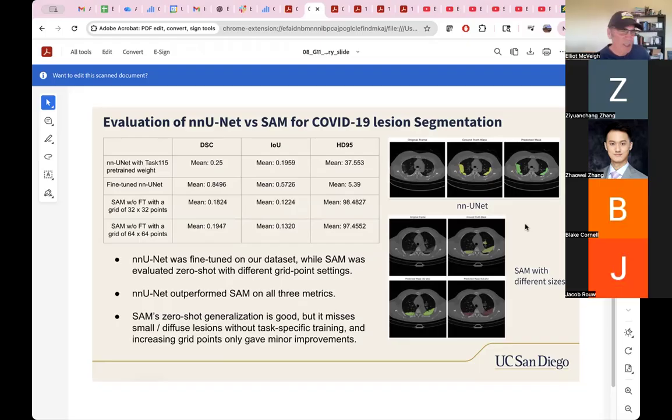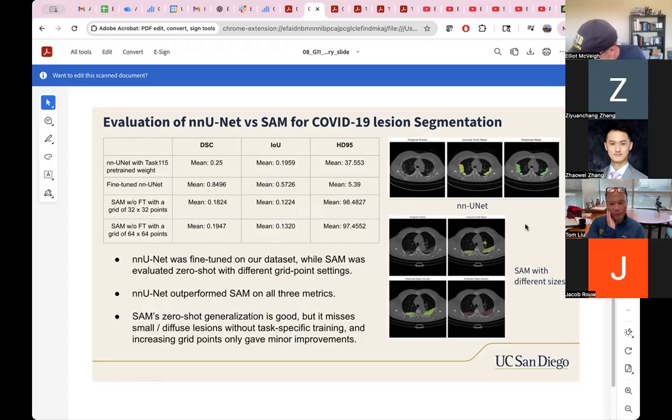Okay, Tom, do you have any questions? Yeah, I guess the general question: when you did the fine-tuning, I guess it adjusted all the weights. Do you have a sense of what features it was able to pick up that the original UNet could not?